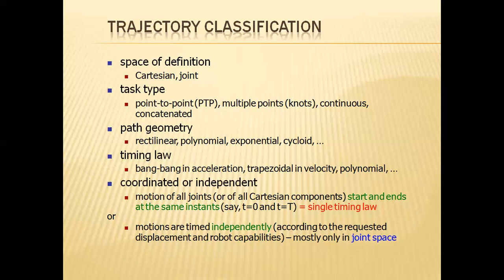Or it is a timed independent motion commenced by joining these particular points, independently related with respect to time, and as per the displacement of the joints existing in the robot, it will be analyzed.